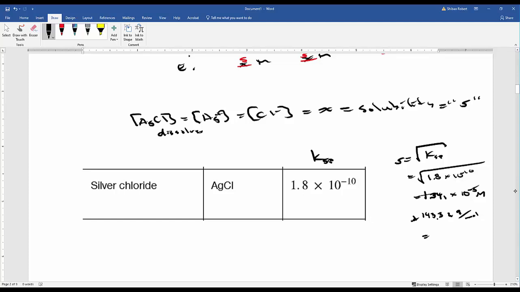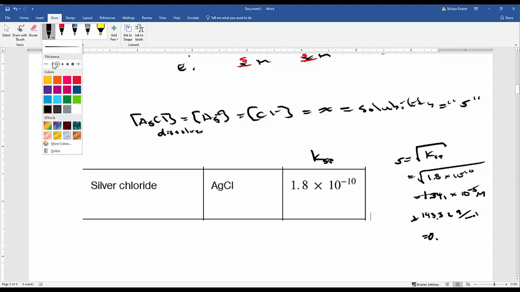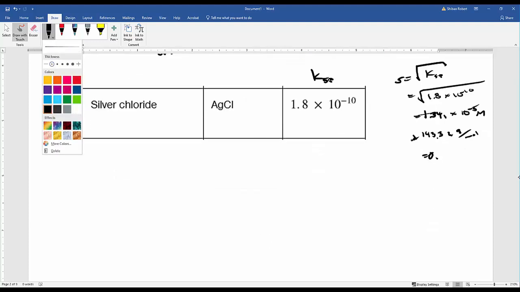If I take what I had, 1.341 times 10 to the minus 5, times 143.32, this gives us 0.0192.